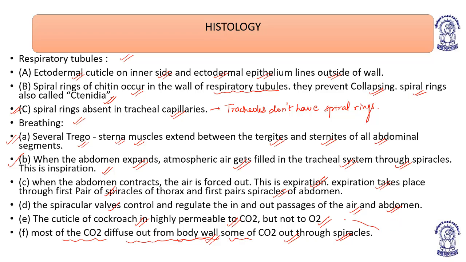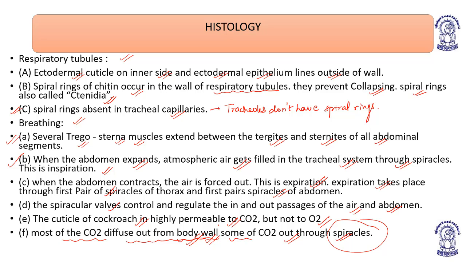This is very important: the maximum amount of CO2 goes out through the body wall and some amount goes out through spiracles. The spiracular valves control and regulate the in and out passage of air.